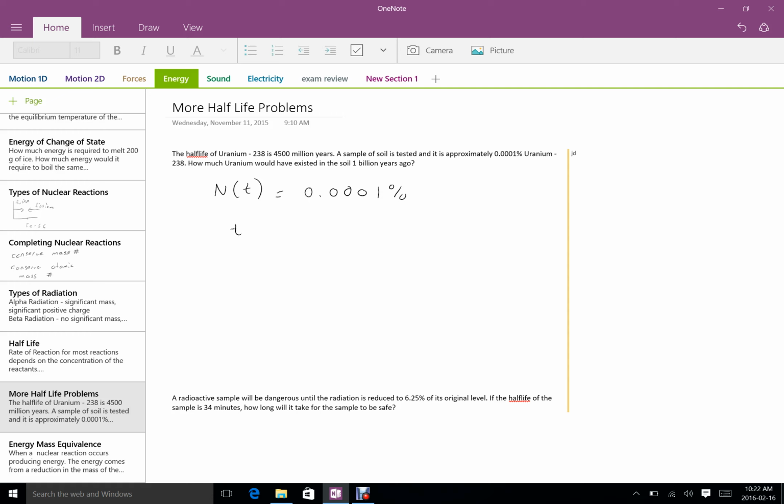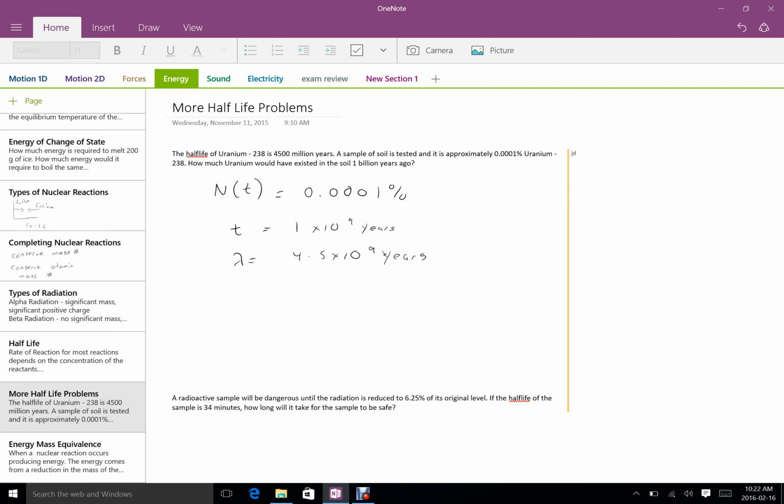We have a time, which is 1 billion years. We have a half-life, which is 4.5 times 10 to the 9 years.